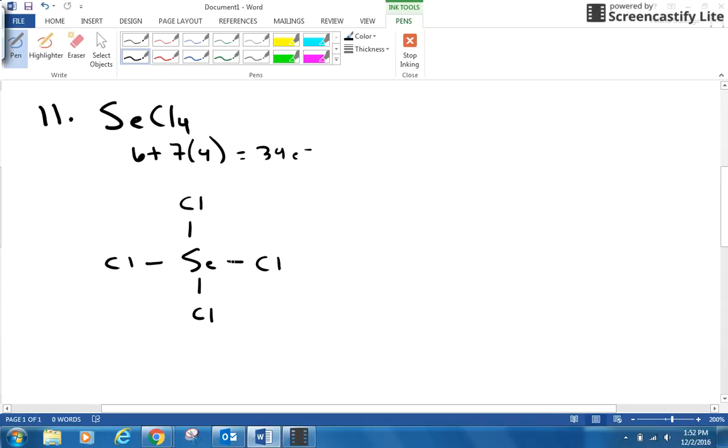And so altogether, I've used 2, 4, 6, 8 electrons in my bonding. So 34 minus 8 is equal to 26 electrons to try to fulfill the octets. So I'm going to start filling up the octets for the chlorines because selenium is already happy.